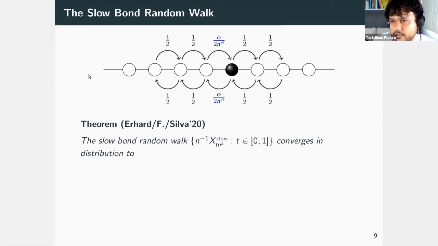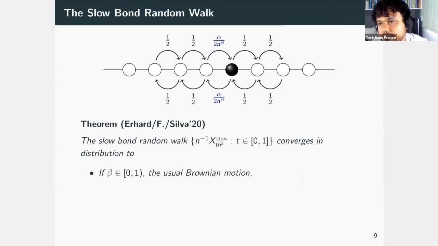It's a random walk on Z. So this is the usual scaling towards the Brownian motion. It's the same if you take, for instance, T_n and divide by square root of n. The usual scaling towards the Brownian motion.